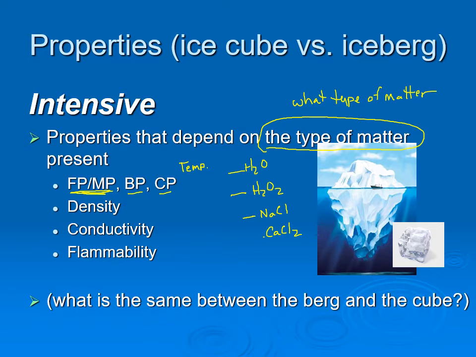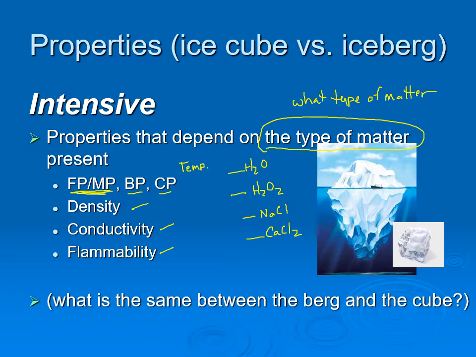Sodium chloride is one temperature, calcium chloride is a different temperature, and they're all four different from each other. Why? Because they're all four different types of matter. Density, the density of these substances is different because of the type of substance you have, whether or not they will conduct electricity, whether or not they are flammable. It doesn't matter how much you have, it just matters that you have it.